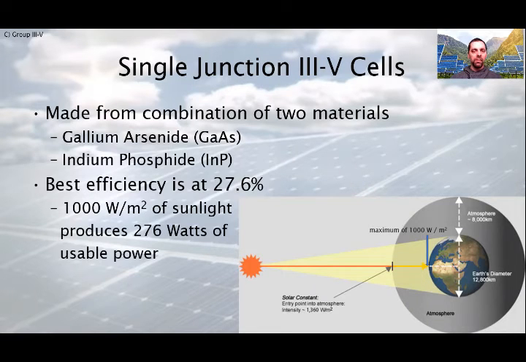If you remember the very beginning of this course, I explained that because of the losses in the atmosphere, the incoming 1360 watts per square meter energy will decrease to a maximum of 1000 watts per square meter hitting the surface. If we consider this value of sunlight energy, it produces 276 watts of usable power per square meter.